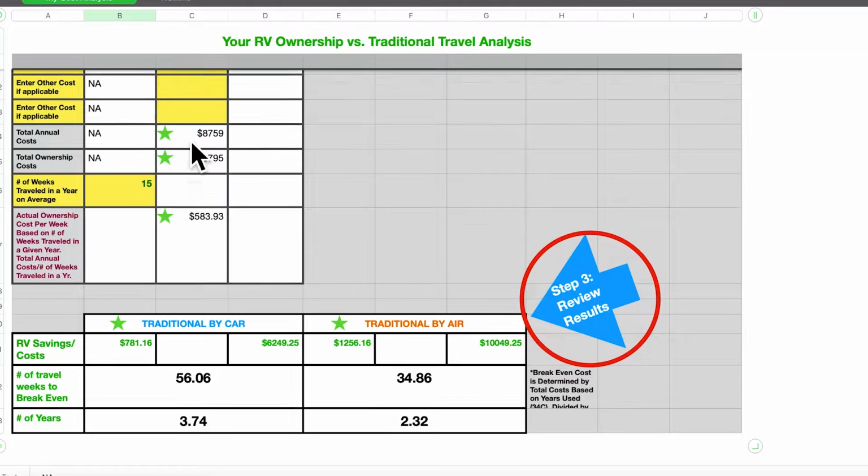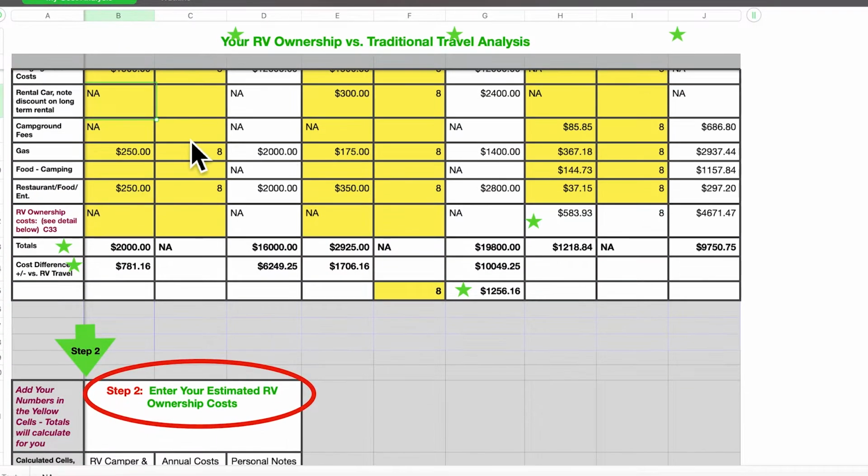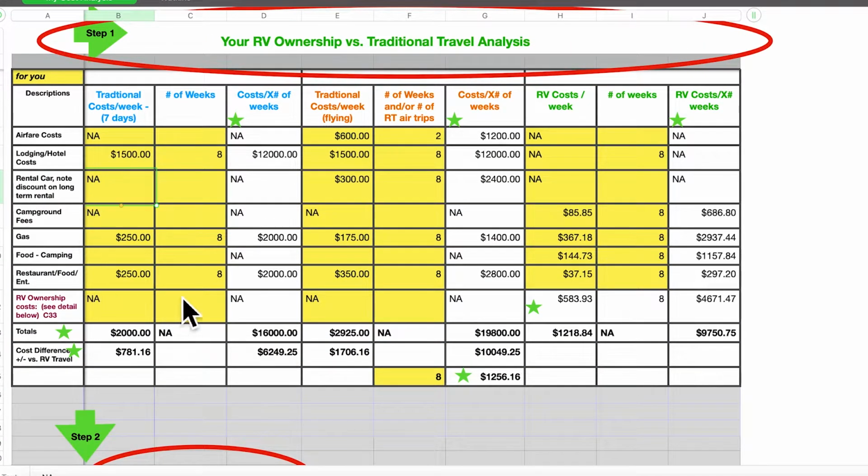In this case, if we look at the savings using this analysis with lodging of $1,500 a week and gas of $250 and restaurant, our weekly costs were $2,000. It was a savings under our recent travel experience of $781.